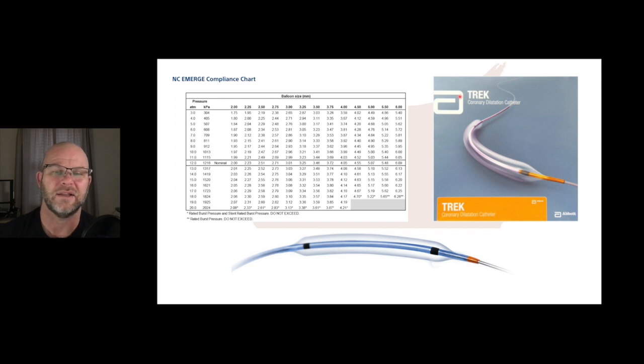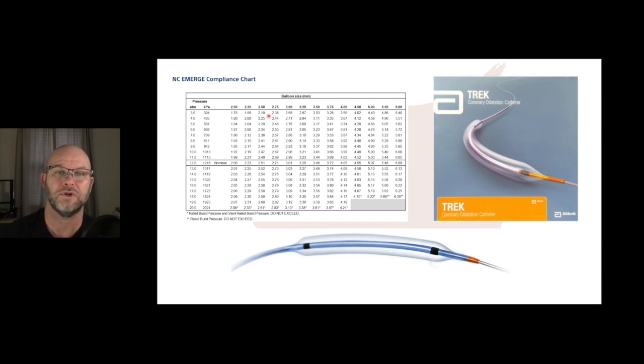The compliant and non-compliant balloons ride on this catheter. They're actually a part of the catheter, and they'll go in. They'll have radiopaque markers, as you can see here, and those let the provider know where they are in that artery and blow it up exactly where they want. The more pressure they put in, the larger the balloon grows.